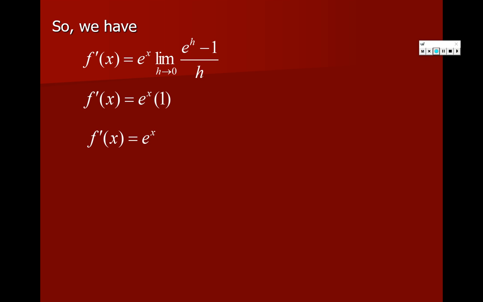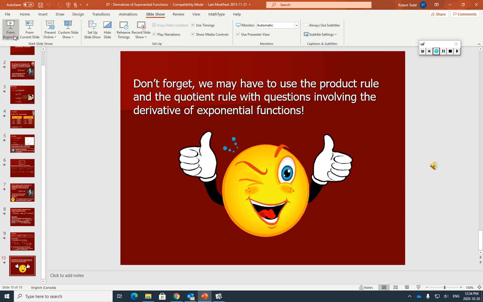So e to the 2 is 7.4. Apparently the y value is 7.4, but also the slope is 7.4. As the y values get bigger, the slope gets even bigger.